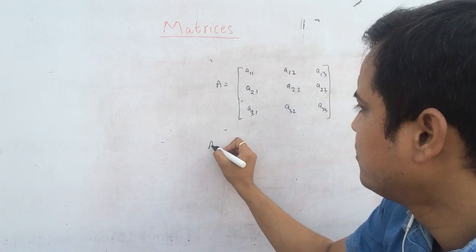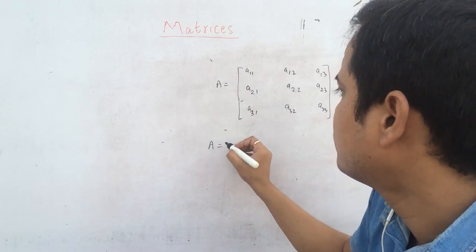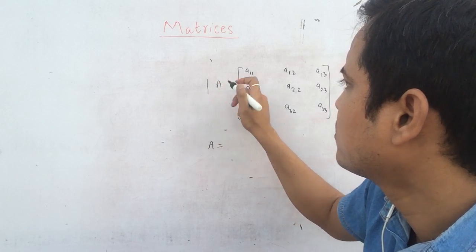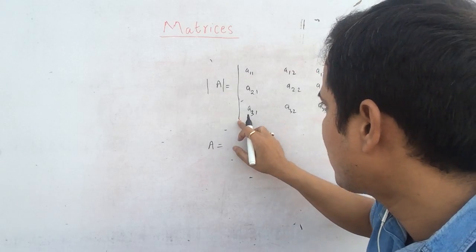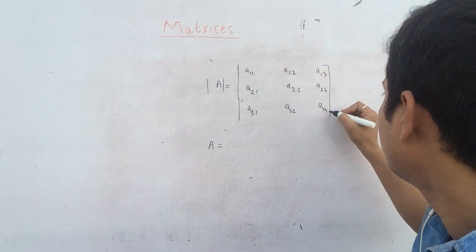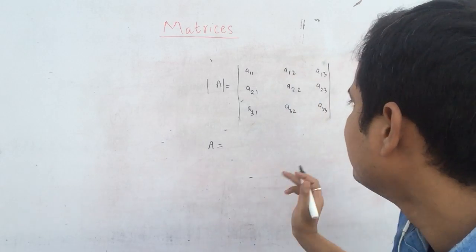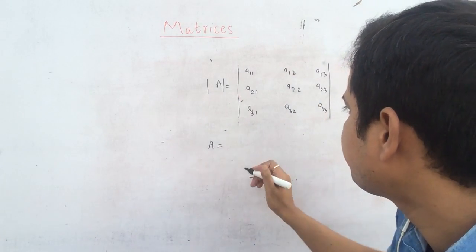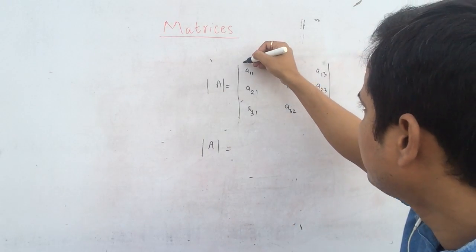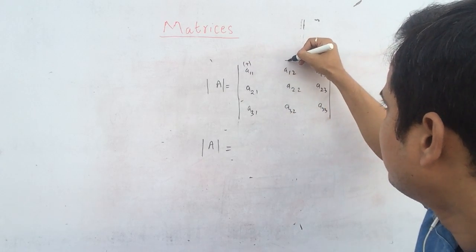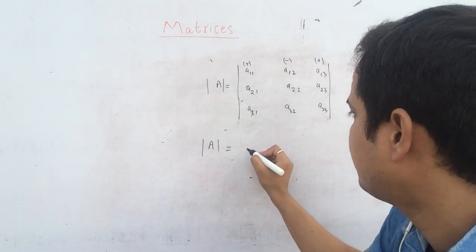If you want to find the determinant of this matrix, you have to make it like this, and the square bracket will become the mod type, the sign of determinant. So how would you find it? First you write the signs plus, minus and plus. Now first write plus A11.